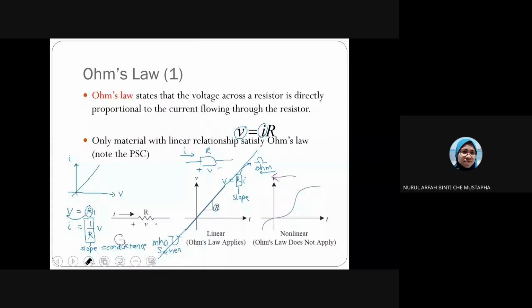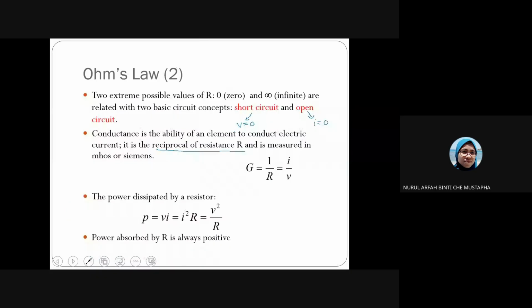Yes. Okay. Then very important because in the lab you need to understand when you plot current, it is equal to one over R. That is different. Okay. Question? Okay.